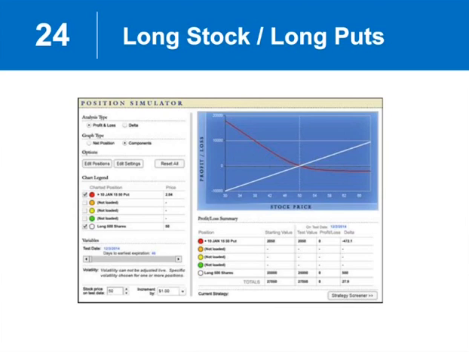The other thing you could do is buy up to 500 shares of stock to get to the point where you're 1 for 1 with these puts that are now in the money and maybe close to expiration. That's where the position simulator can allow you to simulate what the delta will be as we get closer to expiration and as the stock goes up and down.